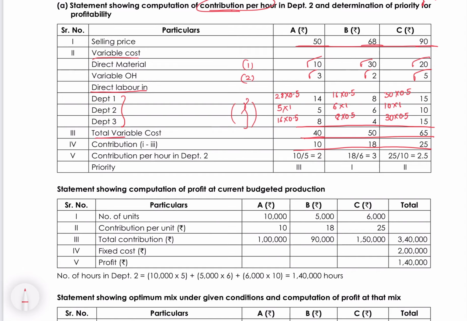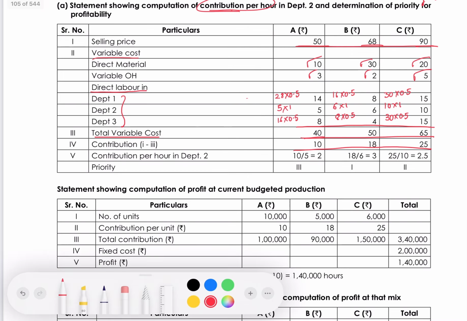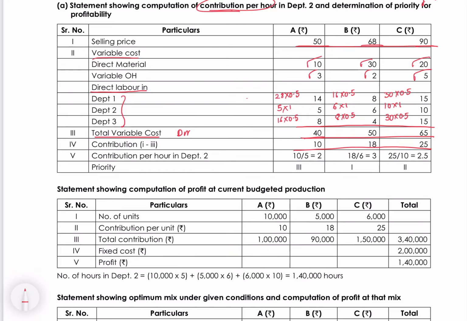So this is the total variable cost. I will write the total variable cost as nothing but direct material plus variable overhead plus direct labor, correct?